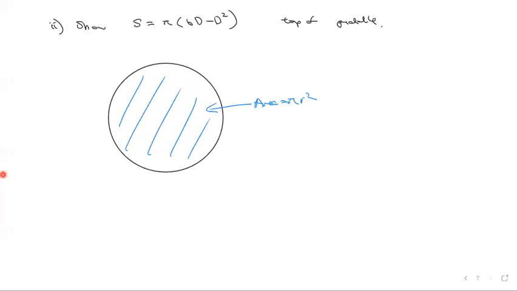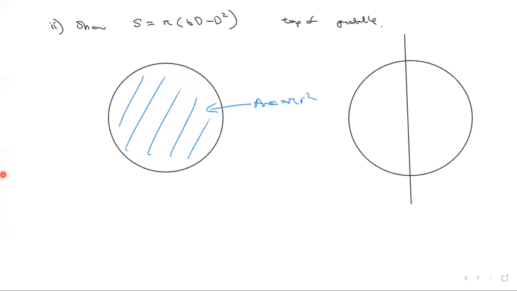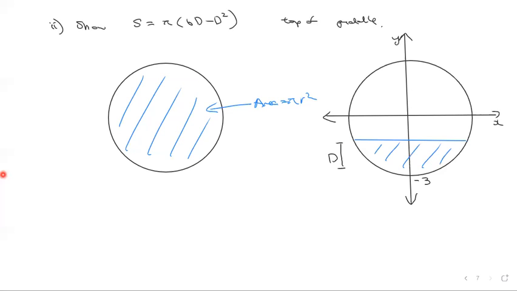If you take a look at the construction, you know that this distance is d, and you're trying to find this radius, r.